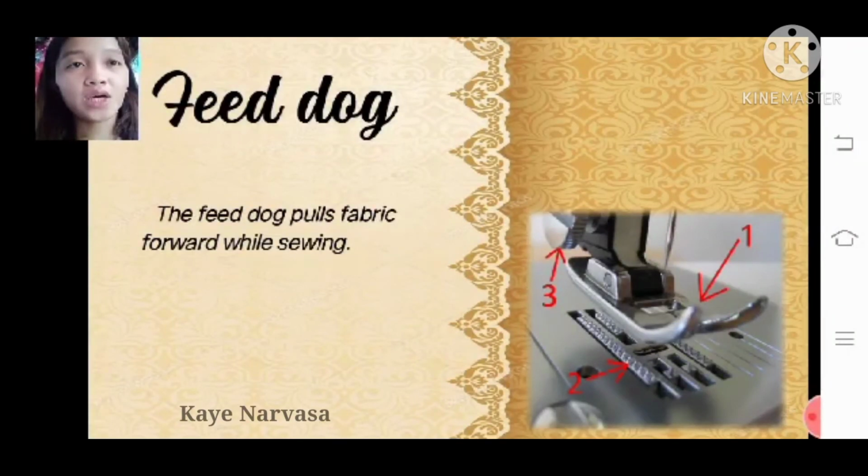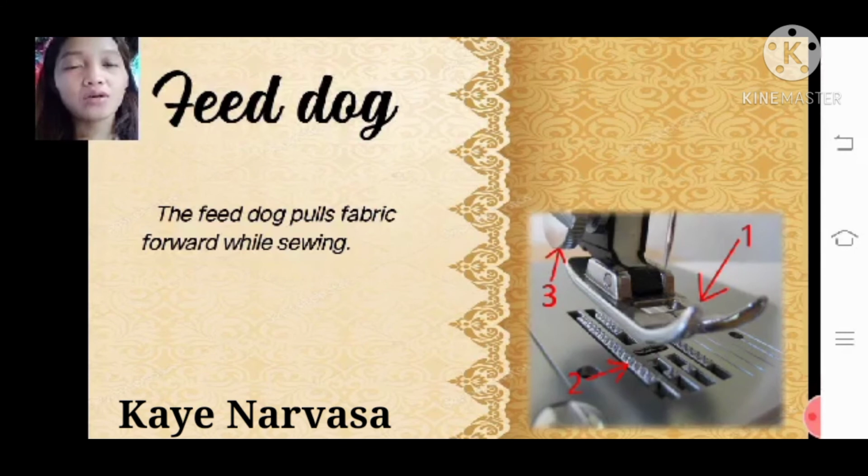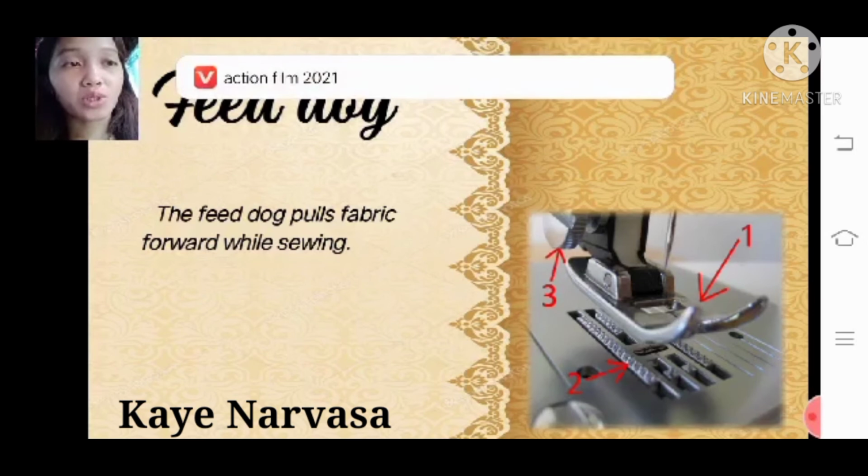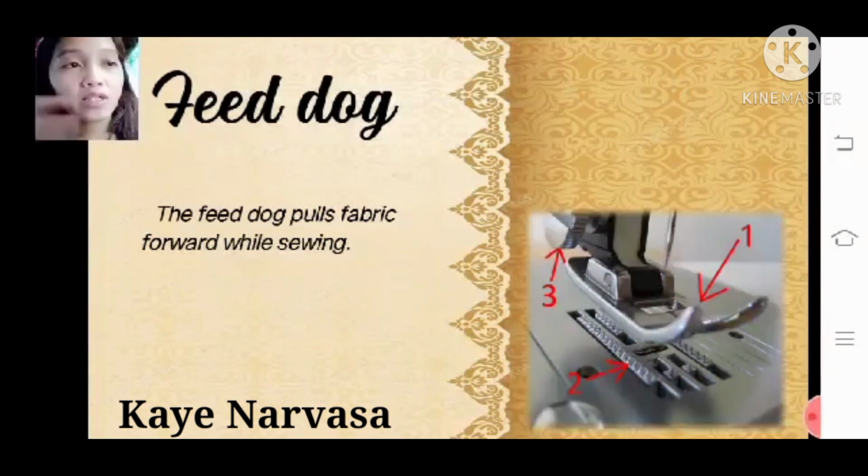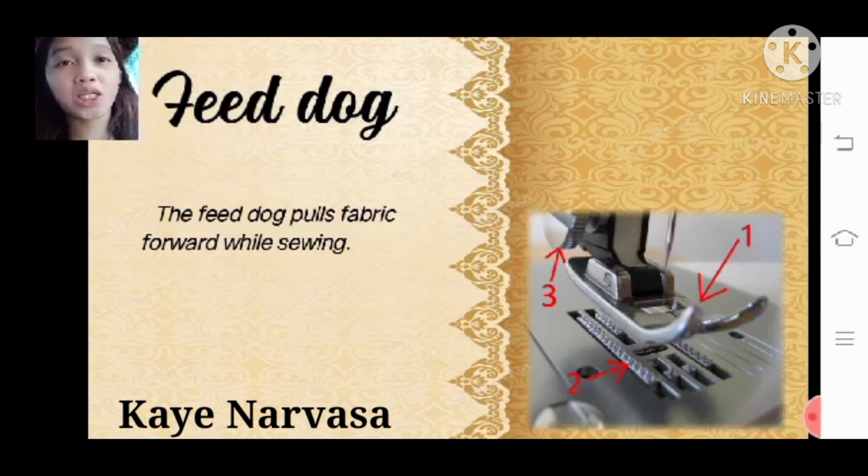So, feed dog. I have a question. How do sewing machine feed dogs work? Sewing machine feed dogs, guys, have metal teeth. You can see it in the picture. It looks like metal teeth, like ridges that emerge from a hole in the throat plate of a sewing machine.